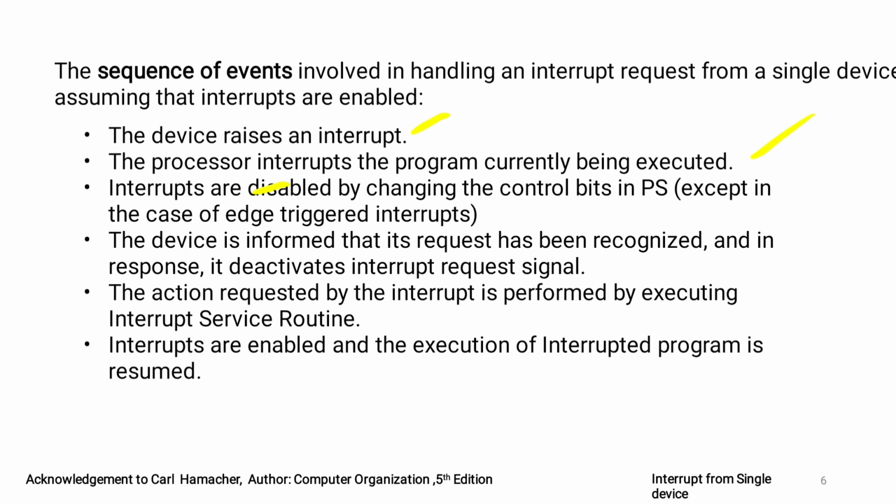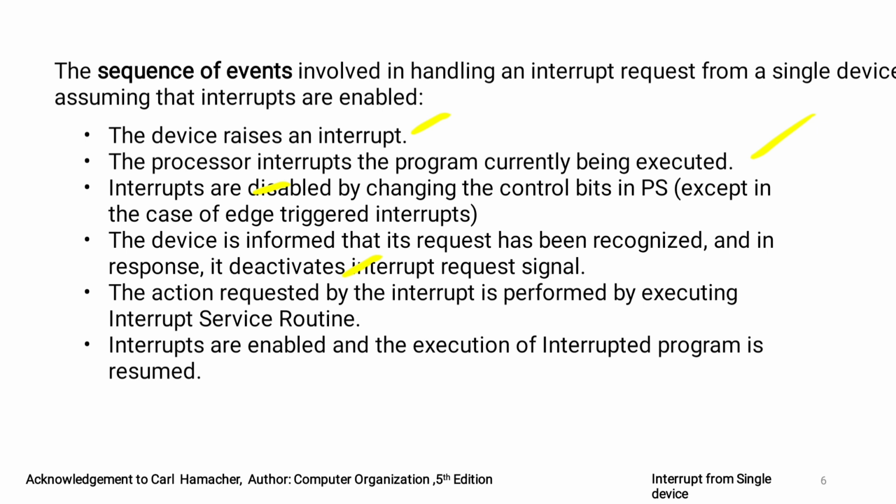This is in the case of the ordinary INTR bar line. If it is a special edge triggered line, this is not needed. The device is informed that its request has been recognized: the processor sends it an interrupt acknowledge signal, indicating that the processor has accepted its request. Then the device deactivates the interrupt request signal.